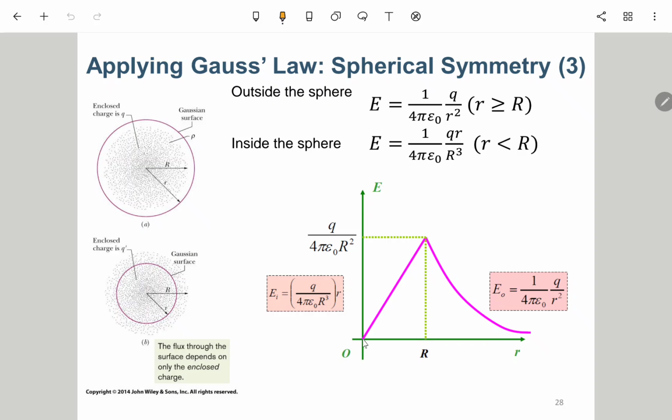So if small r is smaller than capital R, then this E field increases linearly, proportional to R. And for this part, it is inversely proportional to R squared.